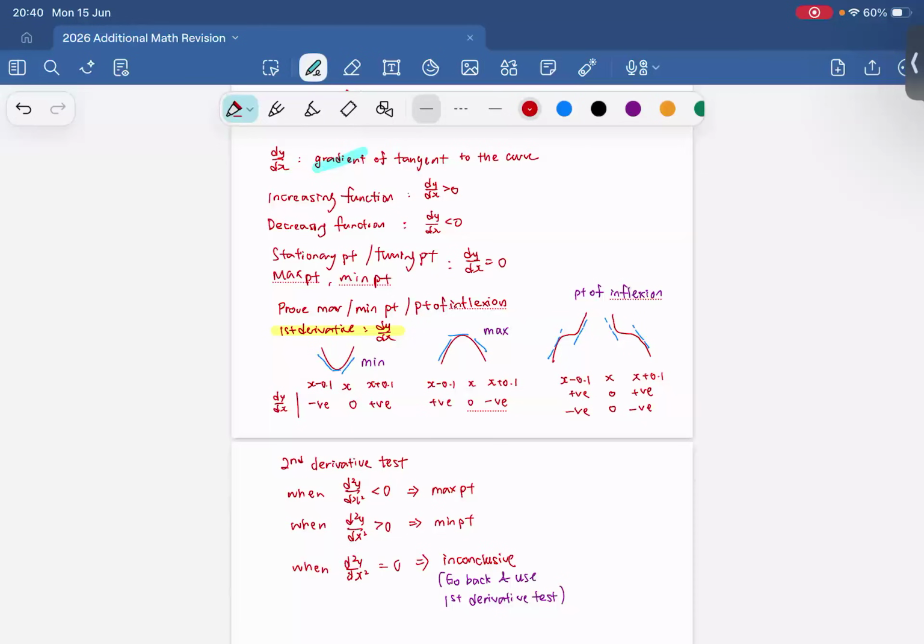So d something, this can be anything, times d, to your change rule to solve what you want. So this is your chain rule.